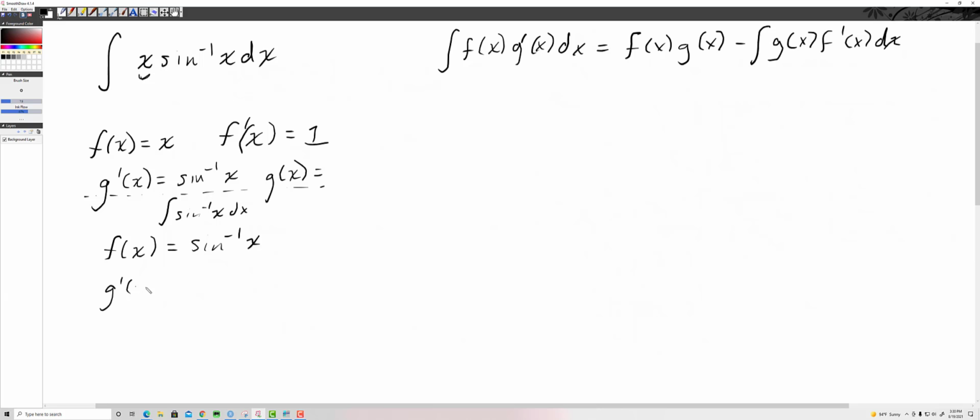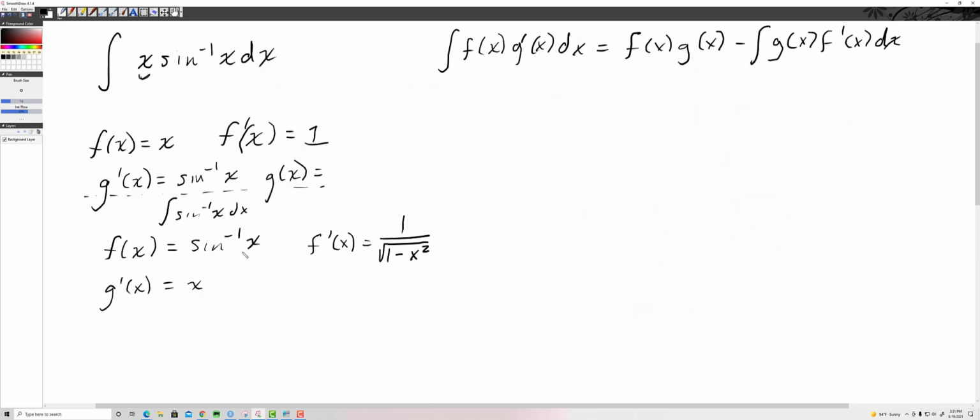Then that leaves g prime as x and f prime as 1 over the square root of 1 minus x squared. So you do need to know that the derivative of arc sine is 1 over the square root of 1 minus x squared.